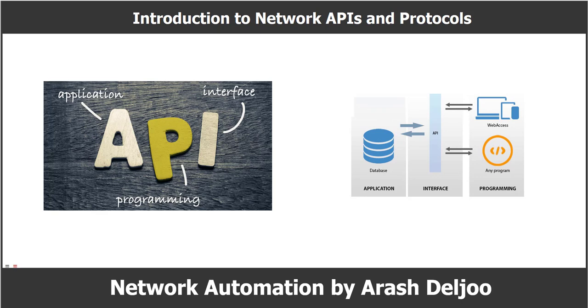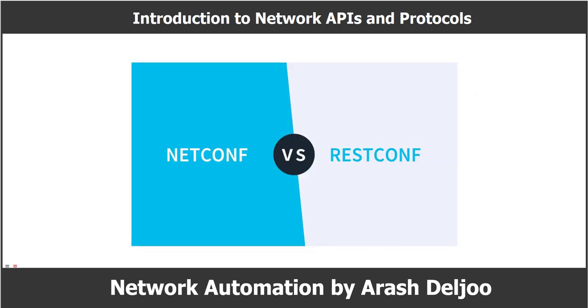However, we as users can also use APIs to talk to applications in a more software way instead of the traditional user interface way. Also, protocols such as NETCONF and RESTCONF are used to transport information between the systems. We will learn about these protocols in more detail in this video.